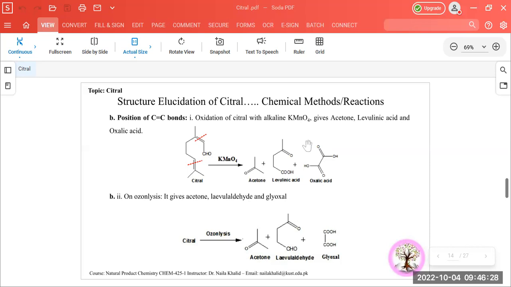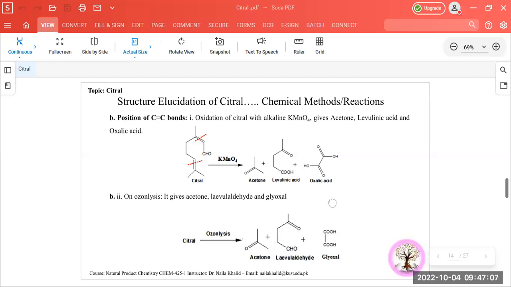Then after identification of the products and arrangement of these products, after keen observation, we can say that there is a carbon-carbon double bond over here, and there is another carbon-carbon double bond along with the aldehyde. This oxalic acid formation gives a clue that there may be an aldehyde in conjugation with a double bond.